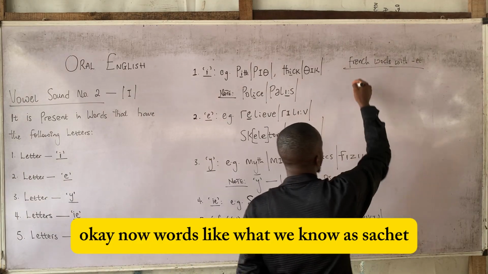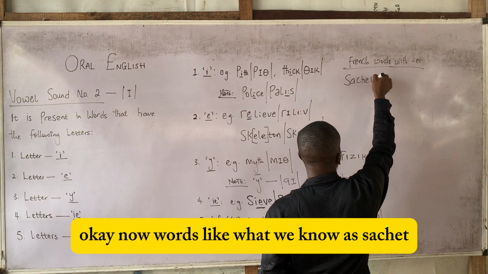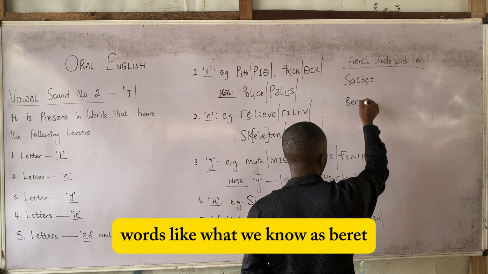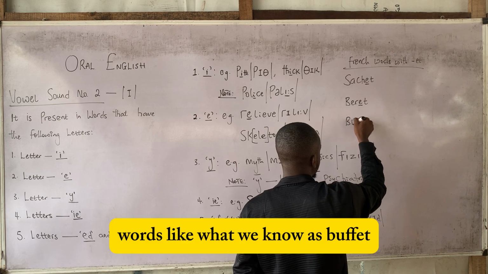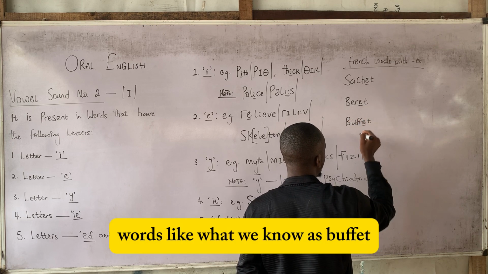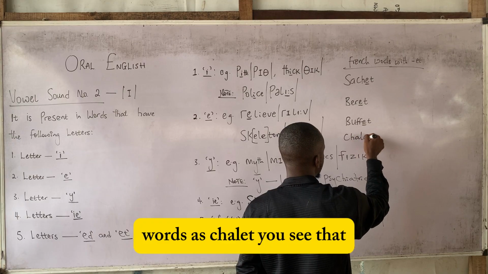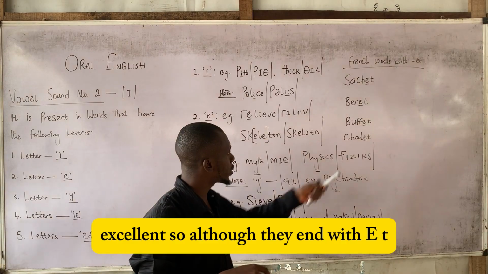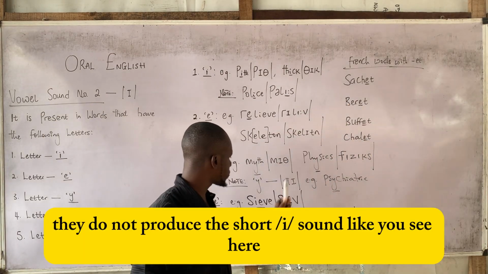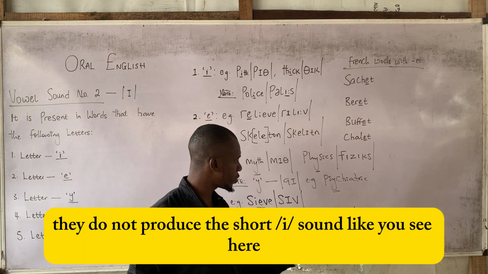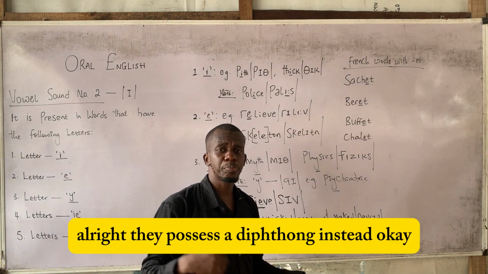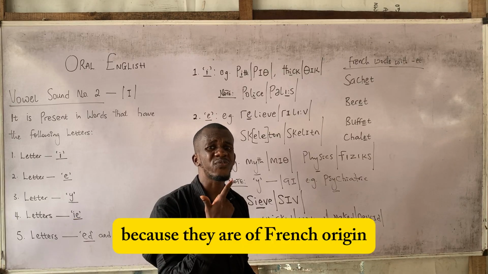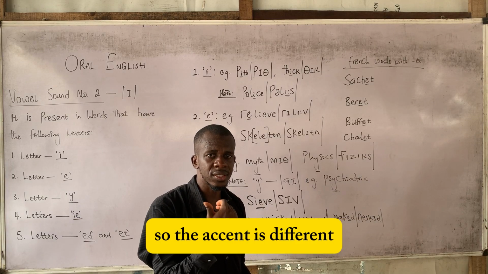Now, words like what we know as sachet, beret, buffet, chalet. You see that? Excellent. So although they end with et, they do not produce the short e sound like you see here. All right? They possess a diphthong instead. Okay? Because they are of French origin. So the accent is different.